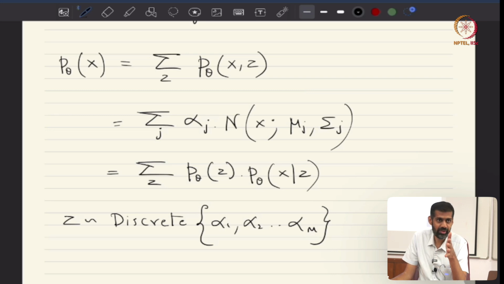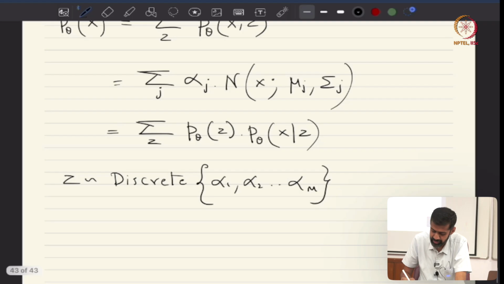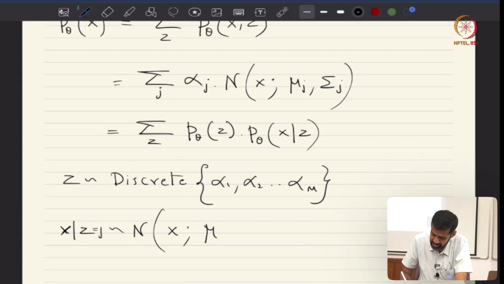So somebody asked me a question two classes before, right? Why should we take this alpha to be bounded between 0 and 1? It's because of this. These are probabilities. We are looking at discrete random variables and these are probabilities of taking this particular mixture. So z is this. And what about this random variable x given z? X given z is a univariate Gaussian, okay, with mean, so z equal to a particular j, so mu j and sigma j.